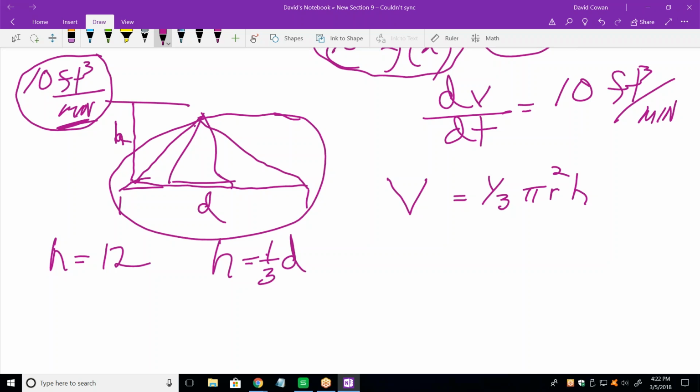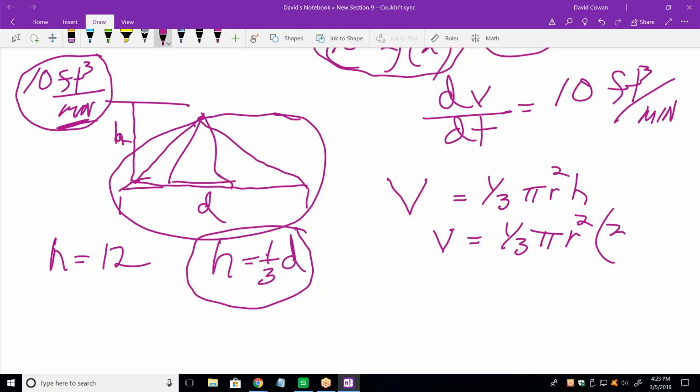But I can take my h and turn it into r. Since d is equal to 2r, then h is 2/3 d. So really what I have is V equals 1/3 pi r squared times 2/3 r.